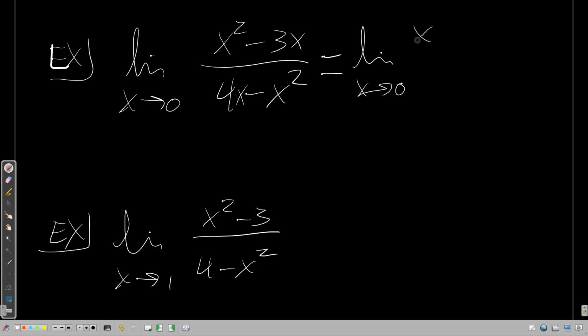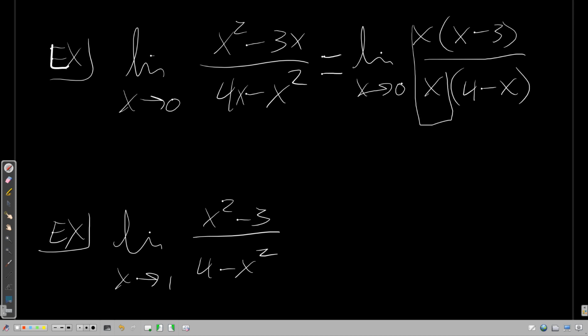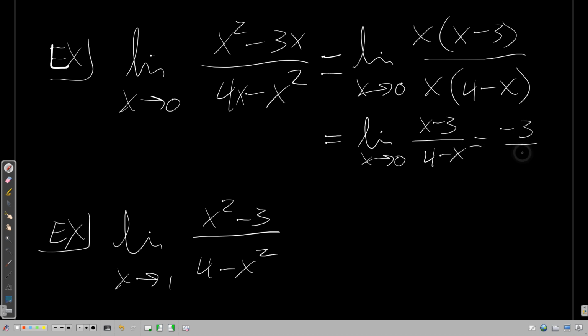This would be the limit as x goes to 0 of x times x minus 3 over x times 4 minus x. Now x is approaching 0, it doesn't equal 0, so then x over x is just a number 1. And you can cancel them. So this says the limit as x goes to 0 of x minus 3 over 4 minus x, which is just minus 3/4.